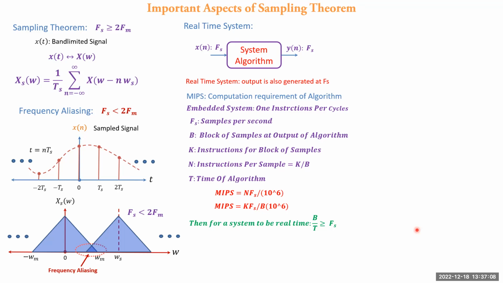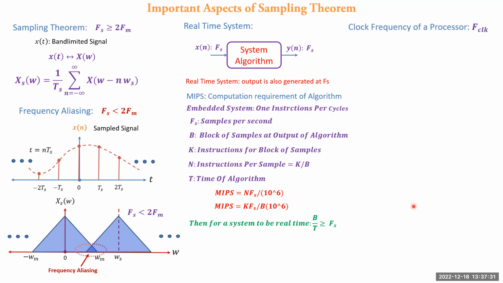So it is always expected that your algorithm finishes processing of that many samples in a shorter time compared to Ts, which gives the requirement for a real-time system: B by T should be greater than or equal to fs, where T is the time of the algorithm.